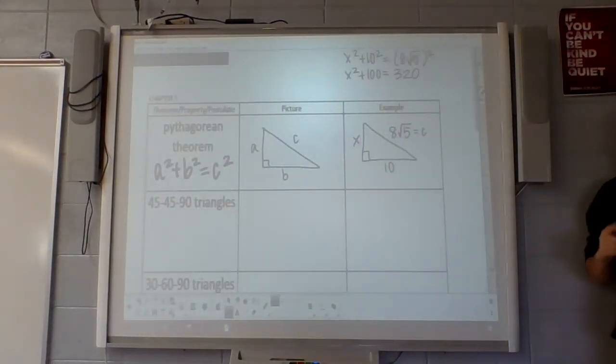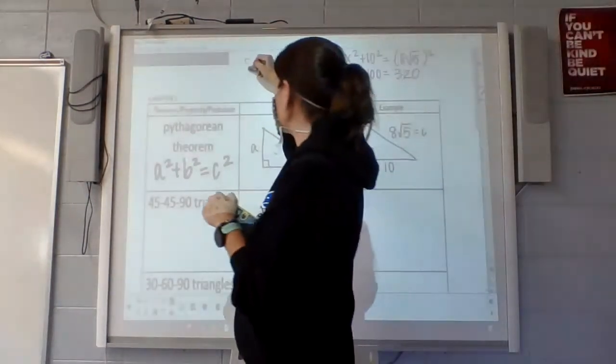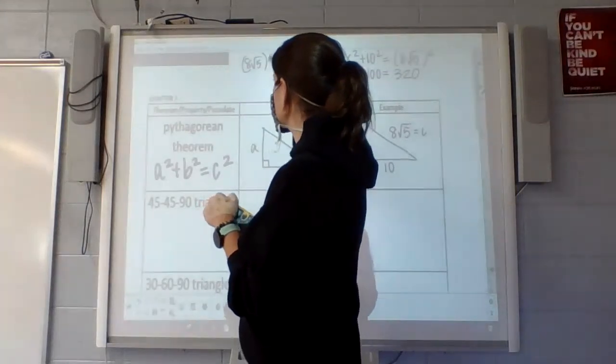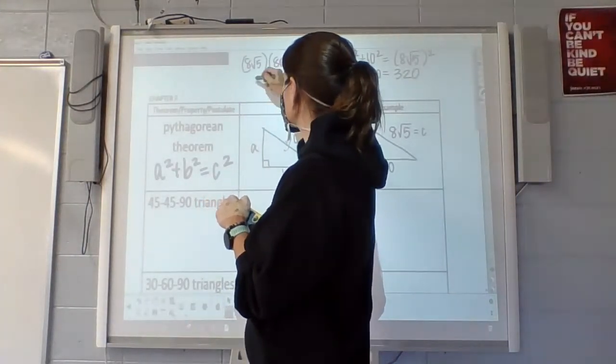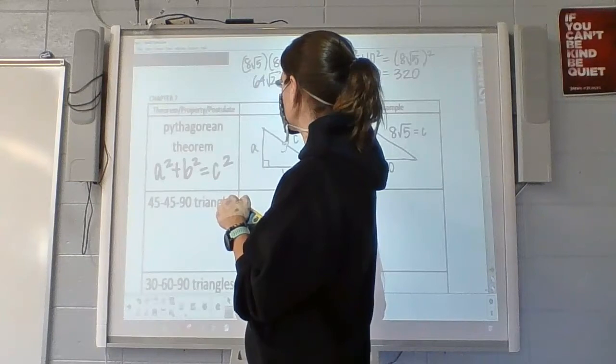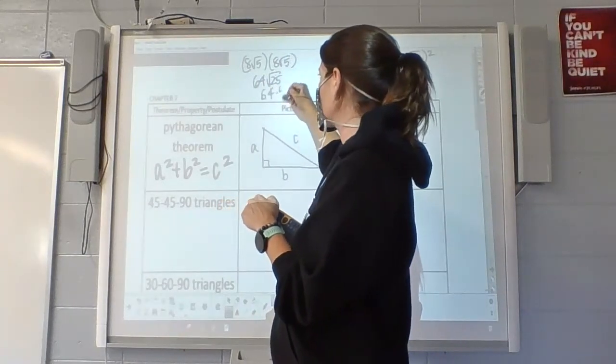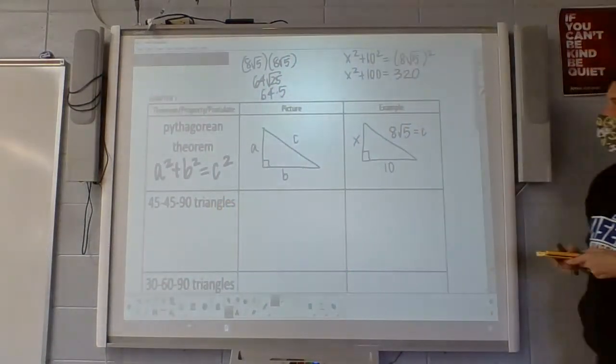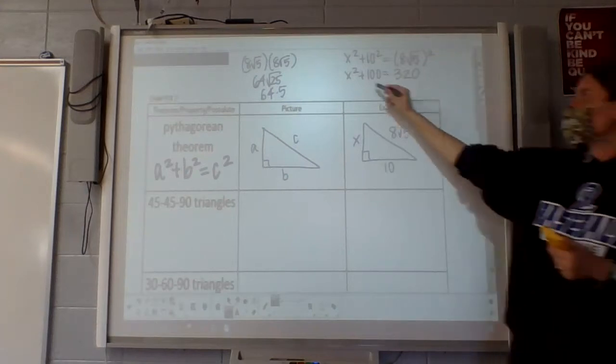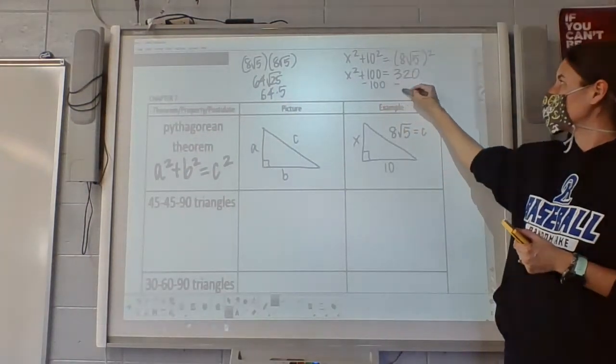If you didn't, you have to put parentheses around the whole thing and then square it or multiply it by itself. Just a reminder, 8 square roots of 5 times 8 square roots of 5 is really 64 square roots of 25, which is 64 times 5. A pretty big number there. So I'm going to move this 100 over.